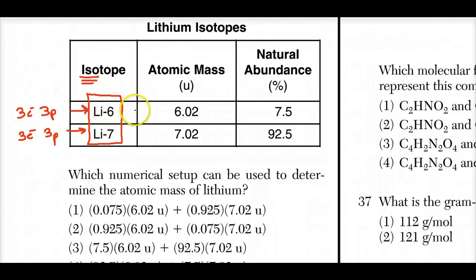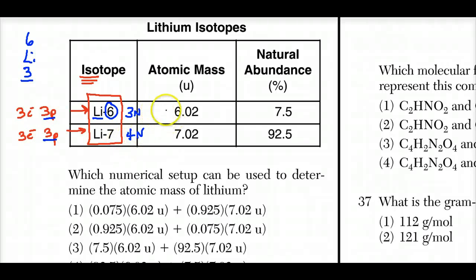The number they're giving me is the mass number, so 6 minus 3 is 3 neutrons, and 7 minus 3 is 4 neutrons. So that's lithium with 3 protons and 3 neutrons, which is lithium 6, and lithium with 3 protons and 4 neutrons.